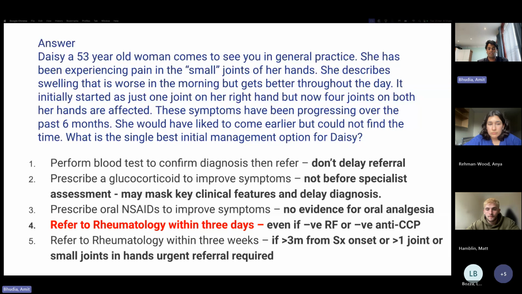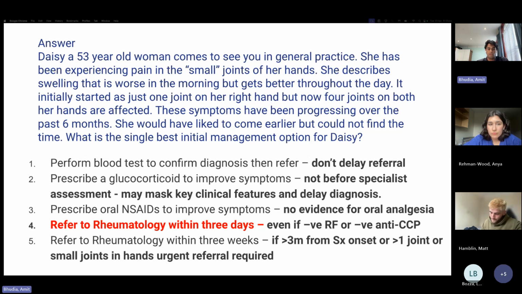And then the criteria for referral for management of rheumatoid arthritis is that you refer urgently within 3 days of presentation.